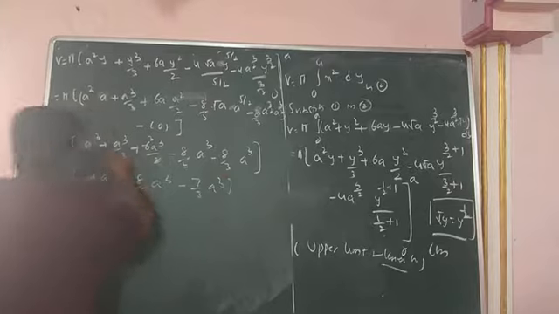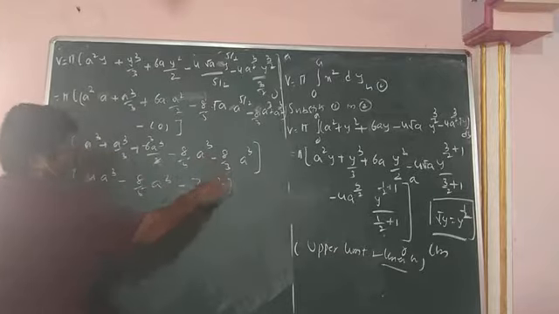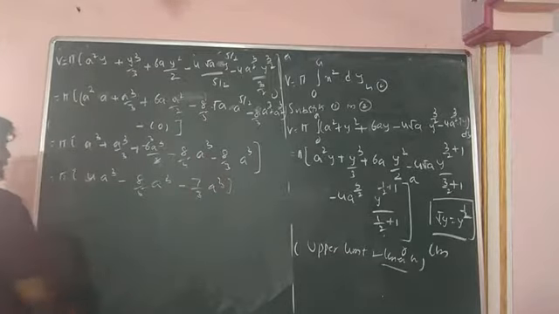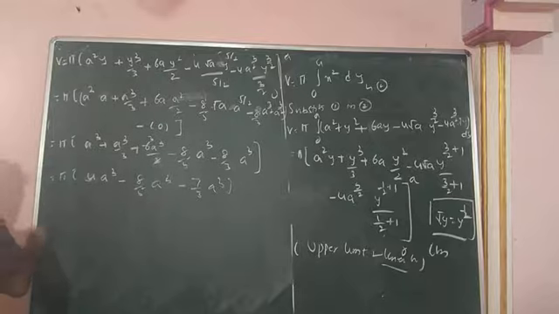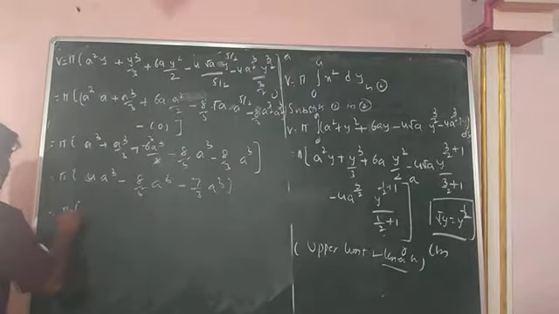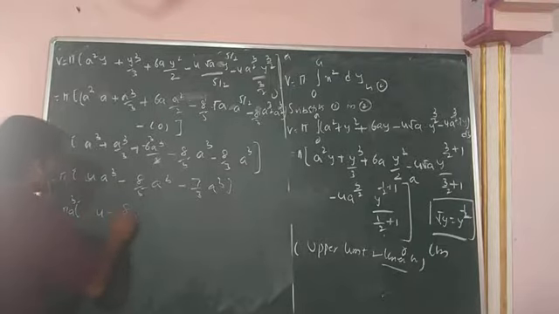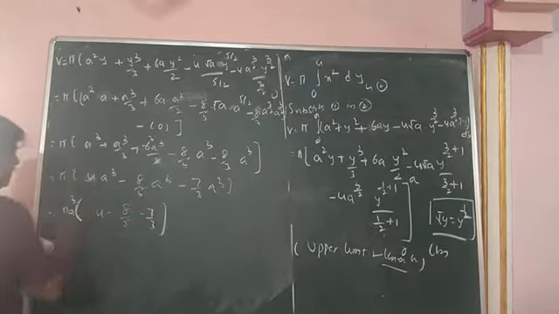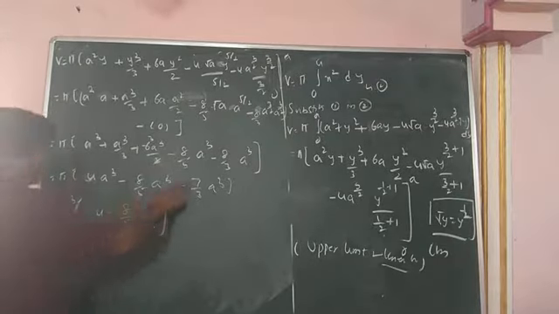That is 1 minus 8 by 3, nothing but 7 by 3. And we simplify. We get that a cube will be taken as a common. We get 4 minus 8 by 5 minus 7 by 3.